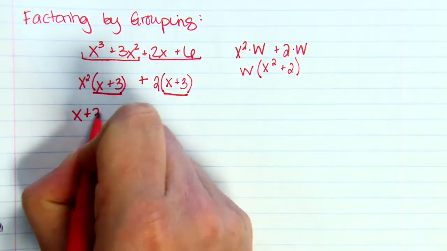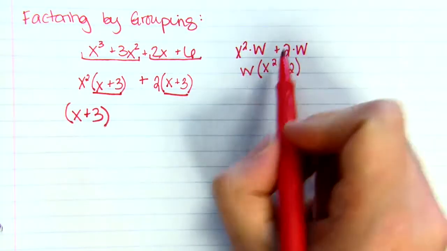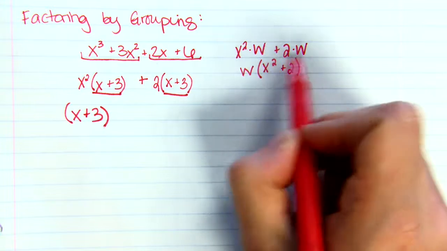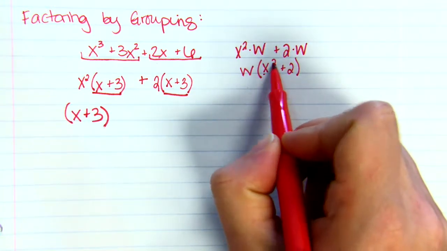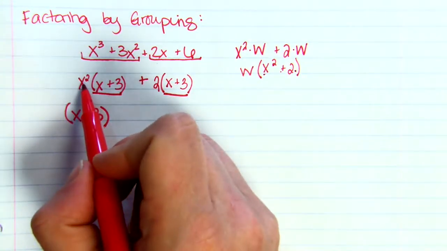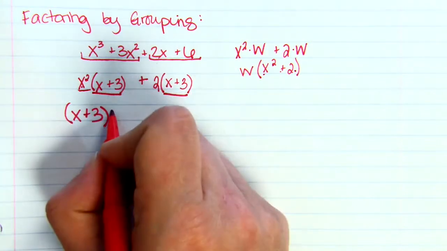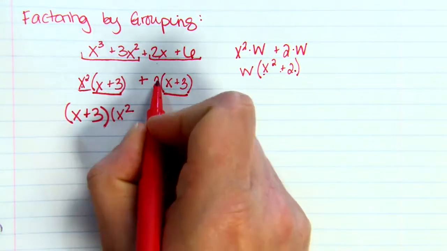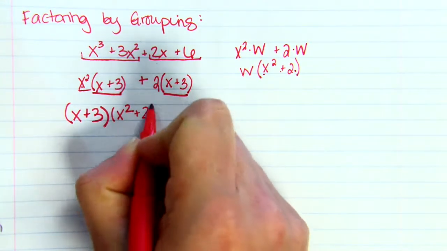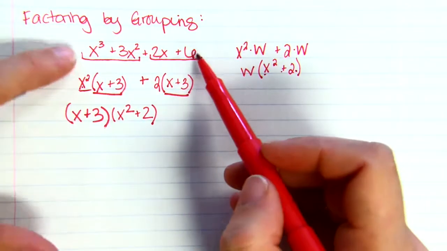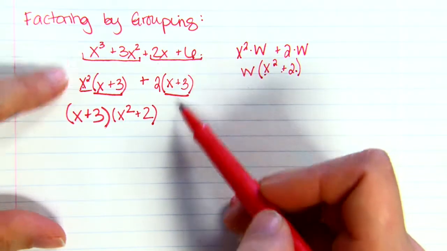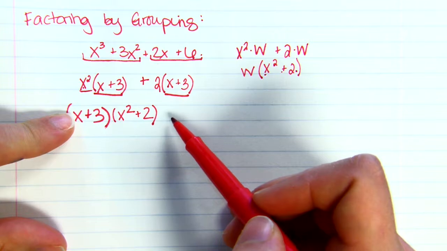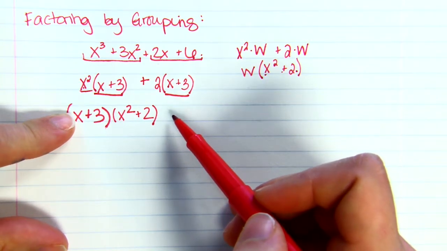So I factor out an x plus 3, and remember up here when I was using w, I was left with x squared plus 2. Same thing here, I'm left with an x squared from this term, and I'm left with a 2 from over here. So this up here will actually factor to x plus 3 times x squared plus 2.